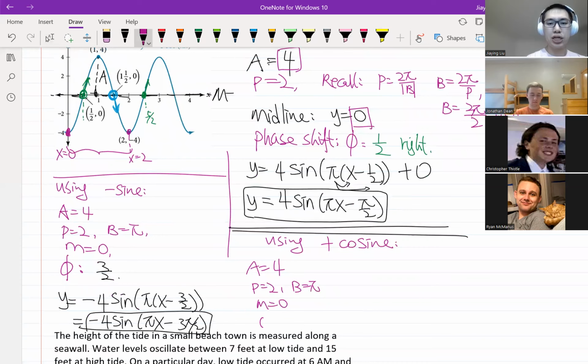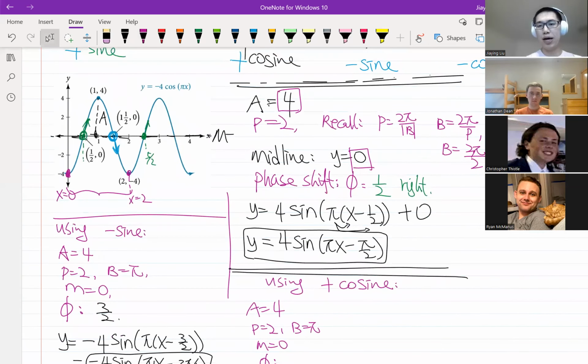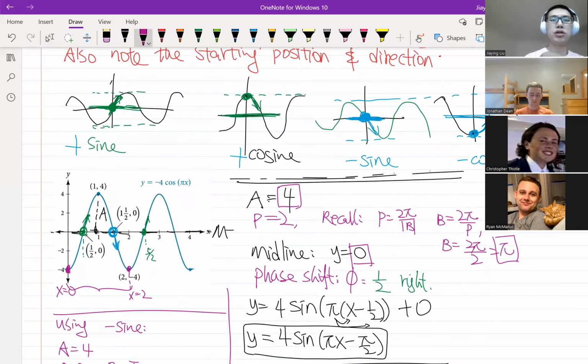But what's changing here is the phase shift. We have to be careful if we pick a positive cosine function. The positive cosine function always starts with the highest point and goes downwards. So if I pick the highest point, which is here, (1, 4), and it's going downwards, that will be my starting point. It used to be on the y-axis, now it's shifted to x equals 1.